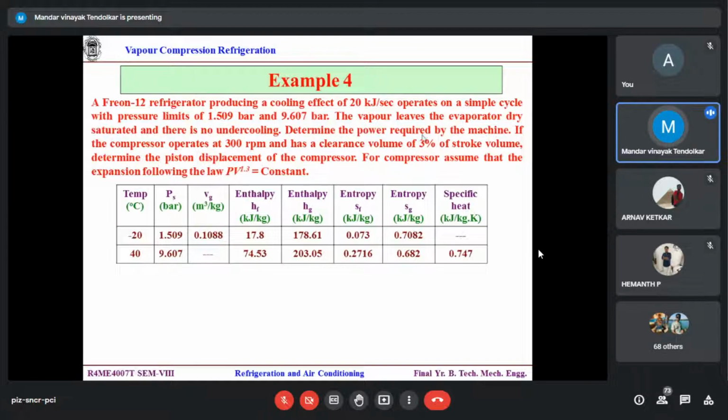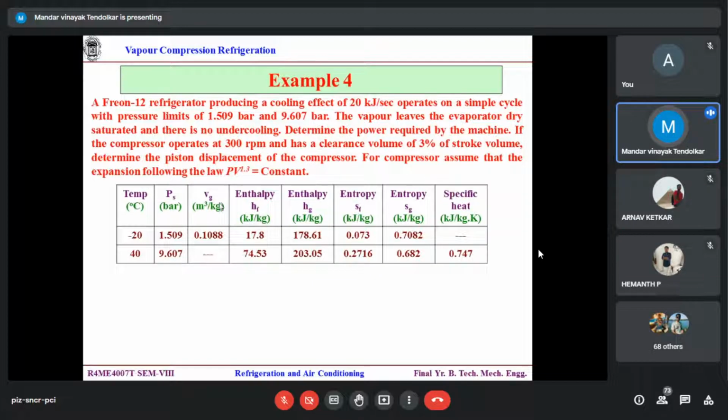See? Determine the power required by the machine. Power required means compressor power, correct? If the compressor operates at 300 RPM and has the clearance volume of 3% of the stroke, that means volumetric efficiency, determine the piston displacement of the compressor. Pi by 4 into d square into L into volumetric efficiency, correct?